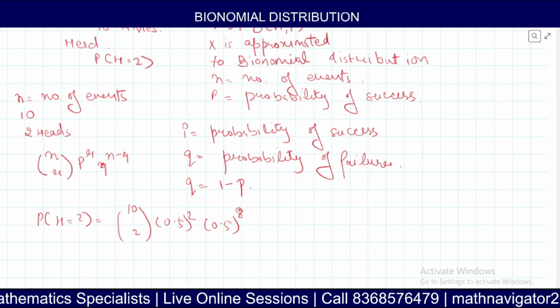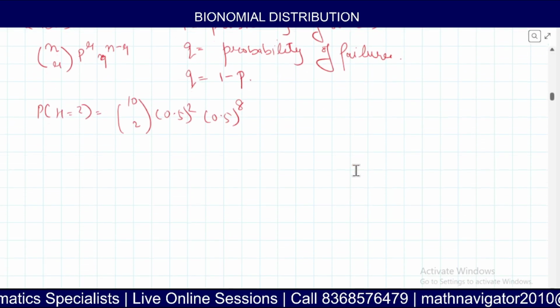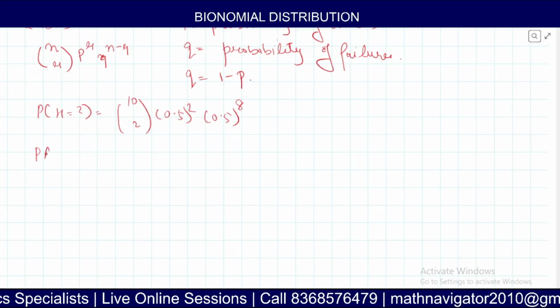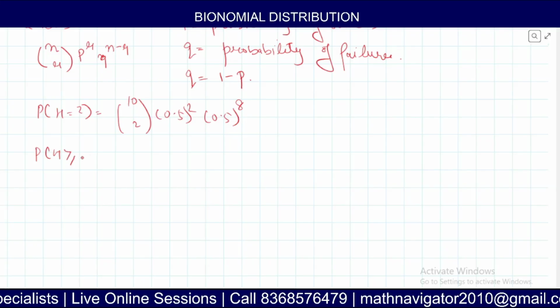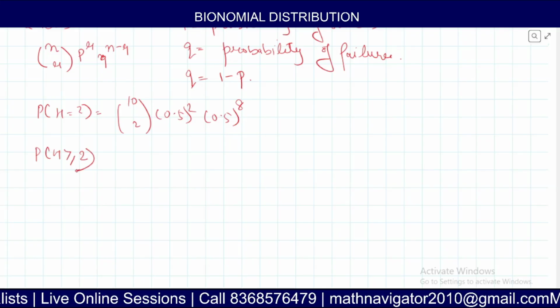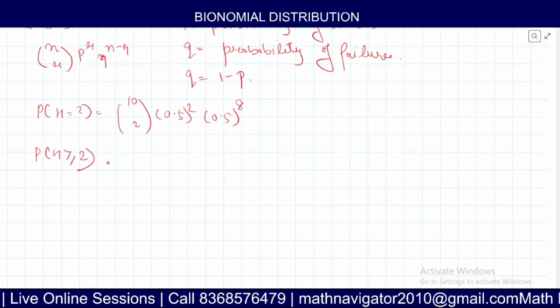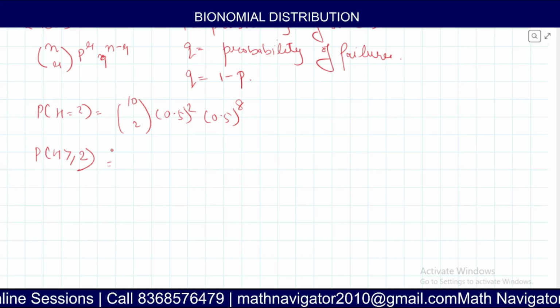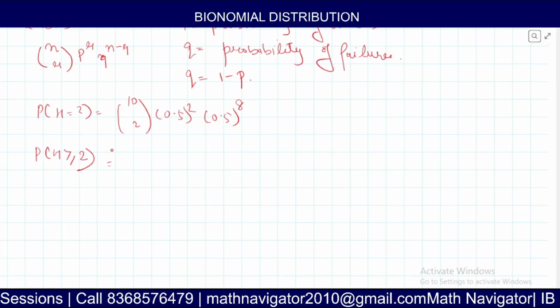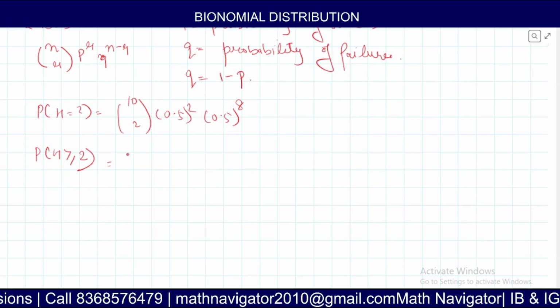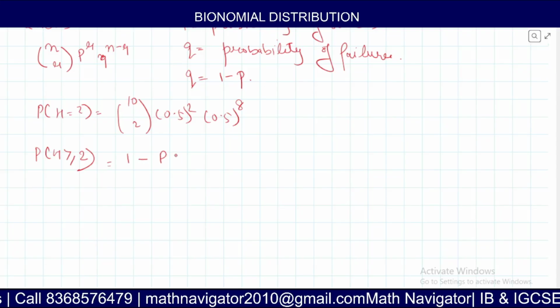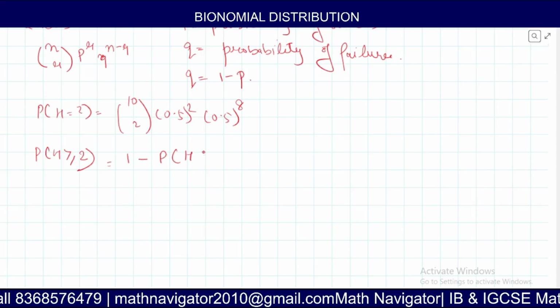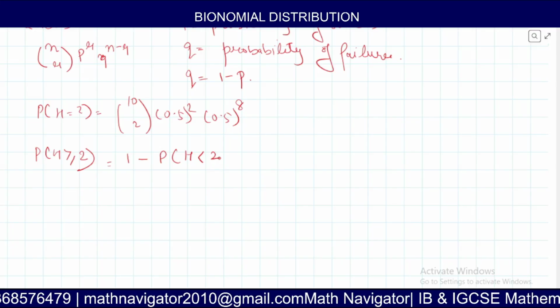But let's say I'm asking what is the probability of heads greater than or equal to 2. Then you would have to calculate the probability of 2, probability of 3, probability of 4, probability of 5, and so on. Instead of this, I can say 1 minus the probability of heads less than 2.